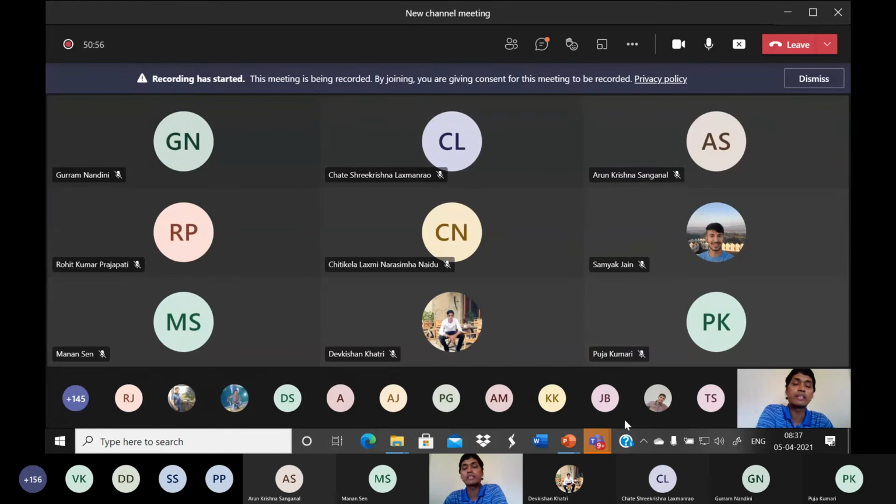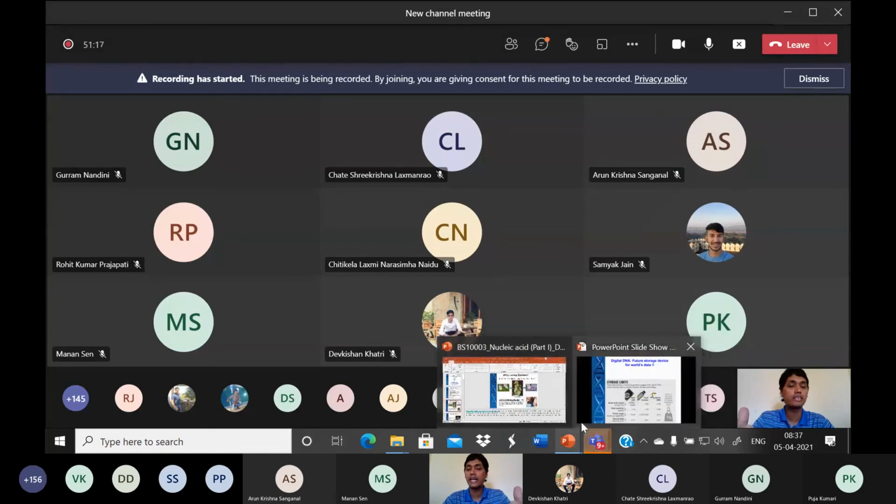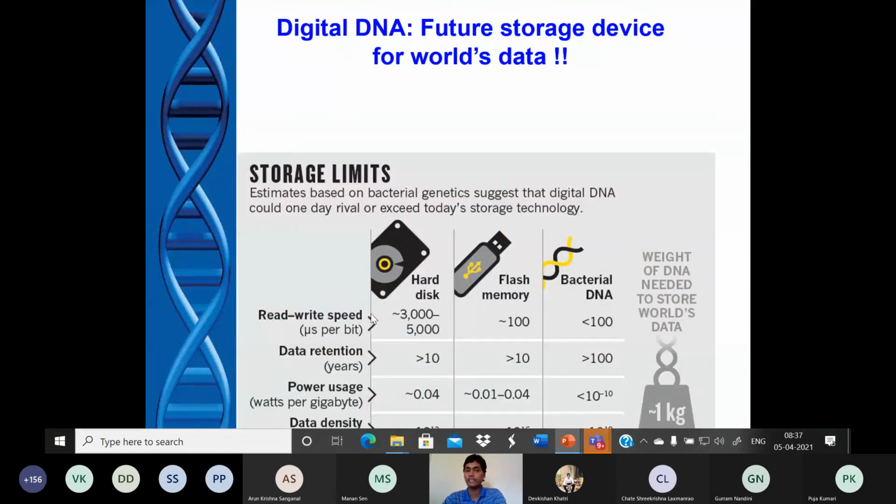All of you know that even from fossilized things, you can still extract DNA and some of that information. So if you store DNA in the right condition in a refrigerator, you can store your information for a long time. But the challenge, as I told you, is the read and write speed.